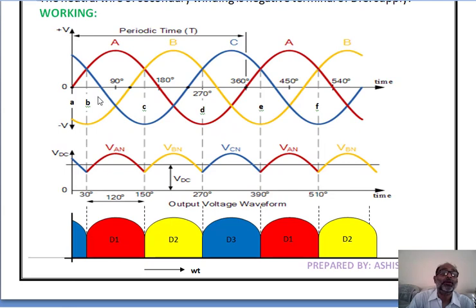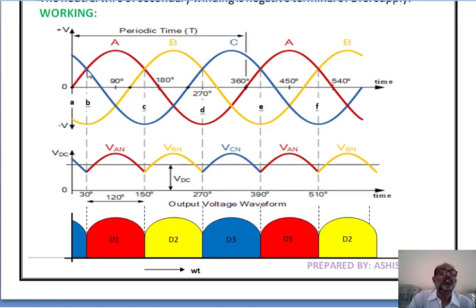secondary winding. Now at point B, here you can see the Y phase or B phase is still negative, but the voltage of this B phase is less than this A phase or R phase.